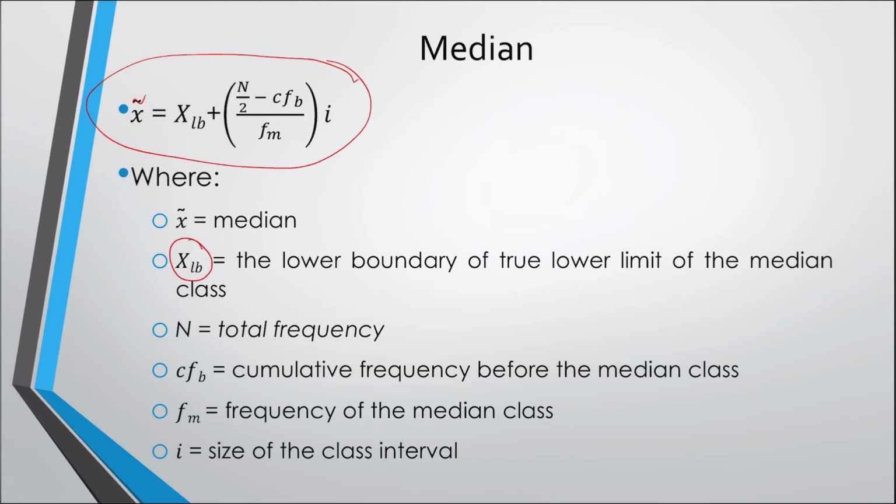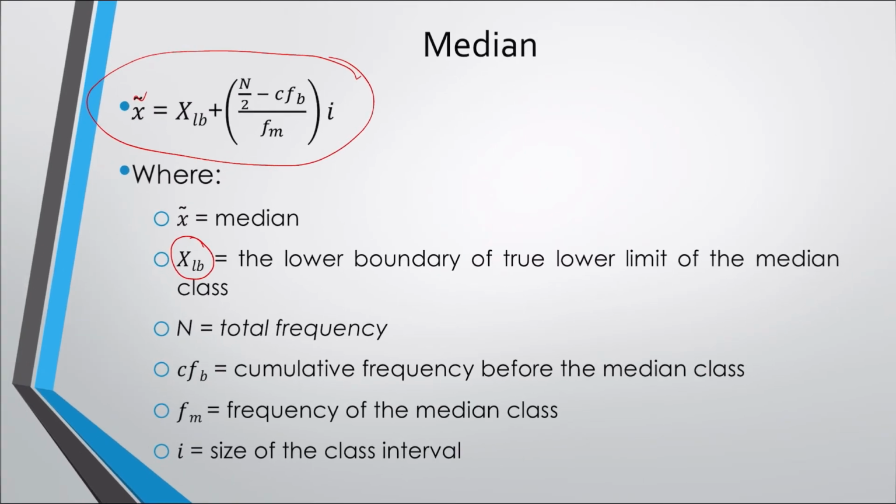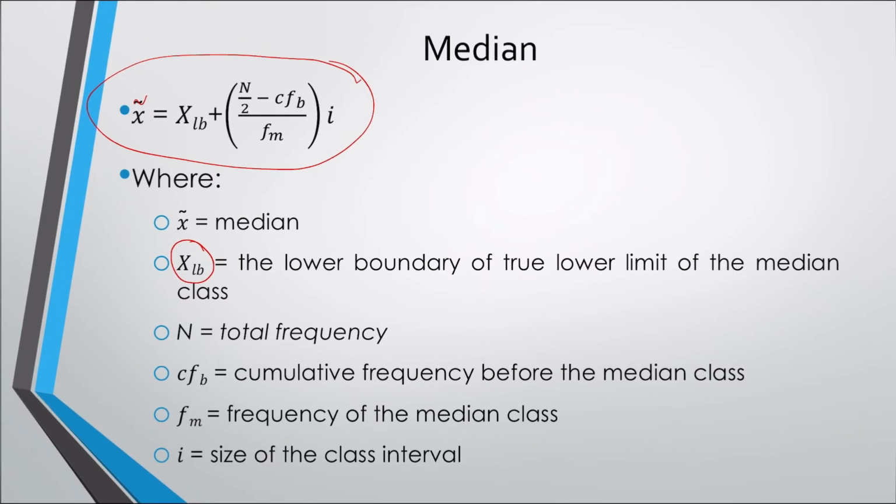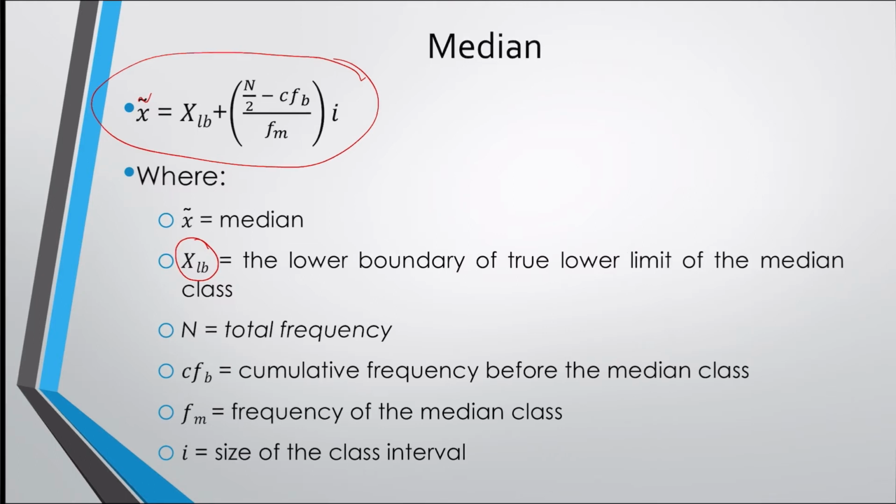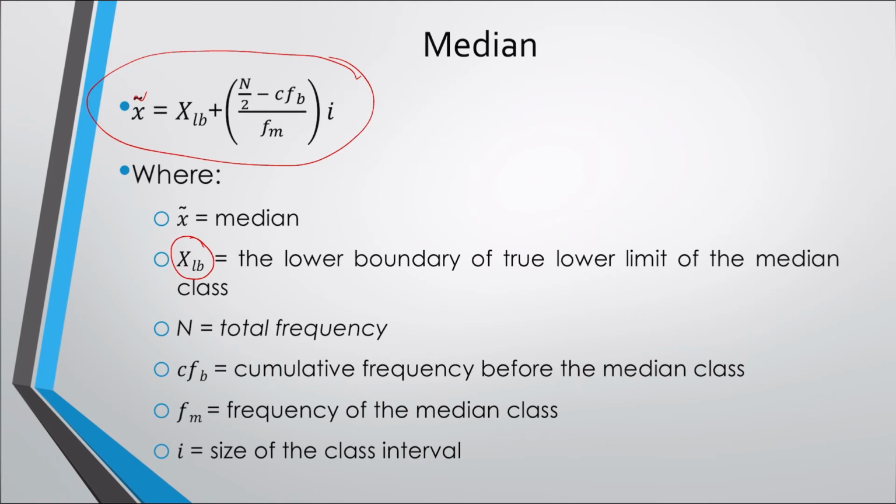Ito naman ay the lower boundary or true lower limit of the median class. Ito namang n ay yung total frequency. Ito namang CF sub b is cumulative frequency before the median class, f sub m is frequency of the median class, at yung i ay class interval.